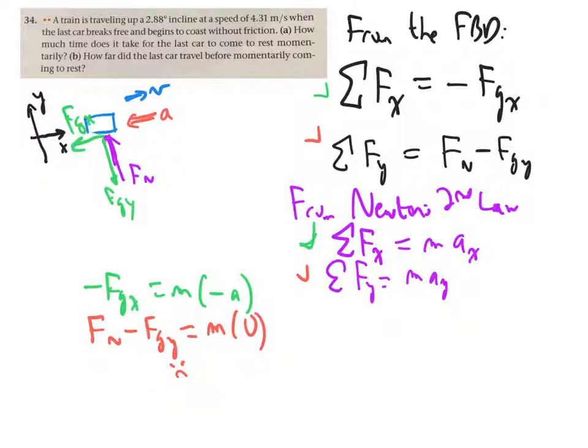On the other hand, this equation, very happy for us, because it has a thing we sort of want to get, which is this acceleration. And it's in terms of stuff we can already find. Why do I need that acceleration? Because I want to know how much time does it take to come to rest. So I'm going to bleed off this speed, and I need the acceleration to know how long that's going to take. Right.